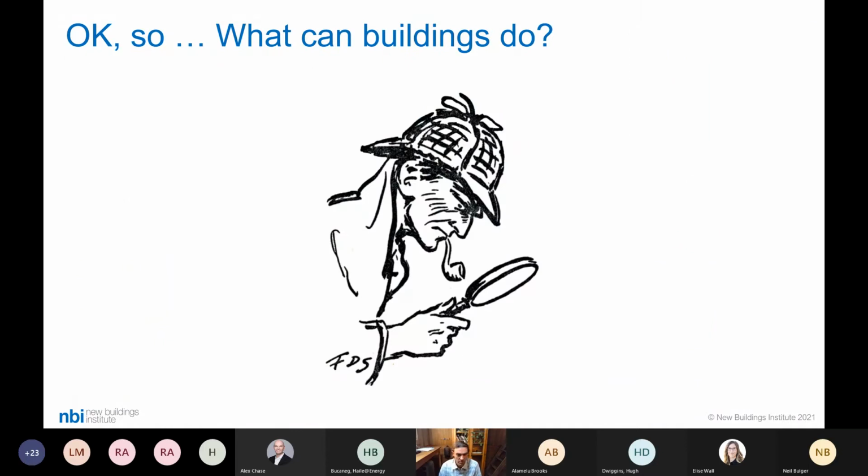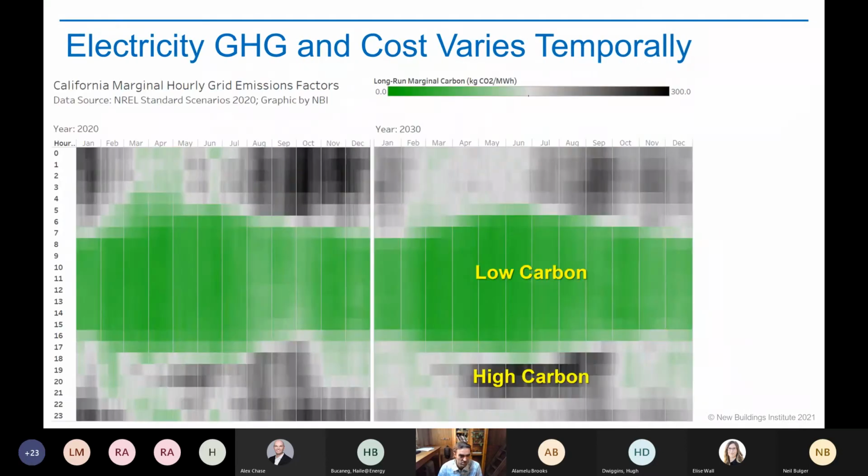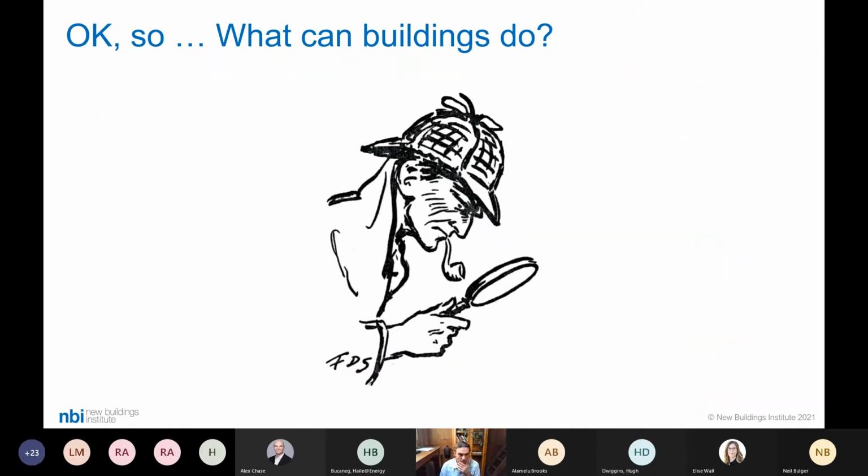Okay, so great, this is neat and it's complicated and these graphs are fun to look at. I would like to get a bit more concrete about some of the actions that can be taken in a building to be able to take these factors into account, to try to maximize the use of relatively clean energy, minimize the use of relatively dirty energy, and do the same thing on cost.